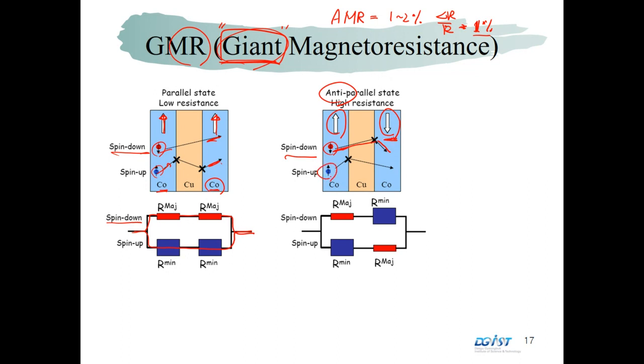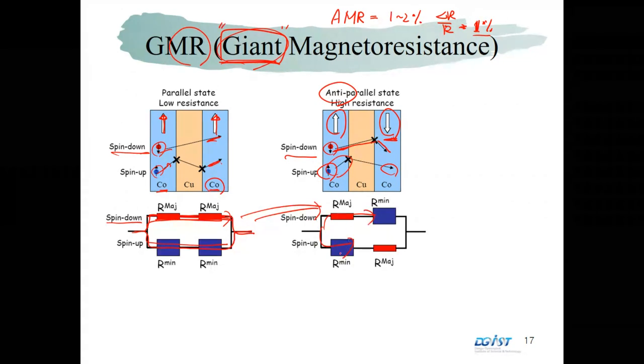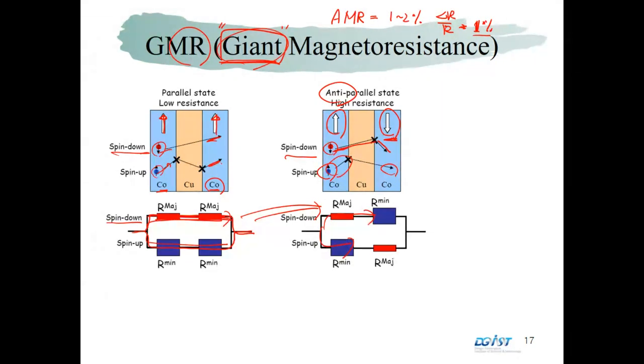And the same thing happens for the spin up case. There is a large resistance, but here a small resistance. So this model is changed to this shape. In this case, there is a small resistance path, so there's more current here. But in this case, there is some kind of large resistance on both sides. So you can simply calculate by circuit model.